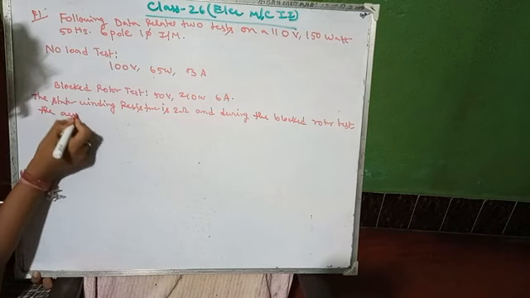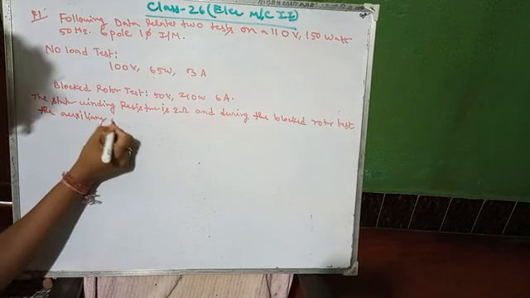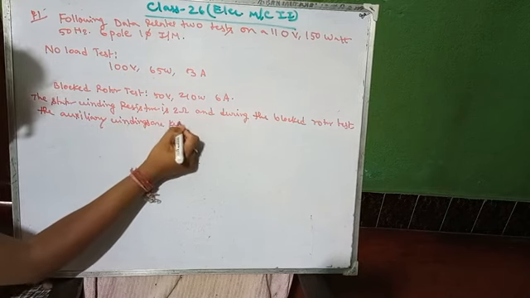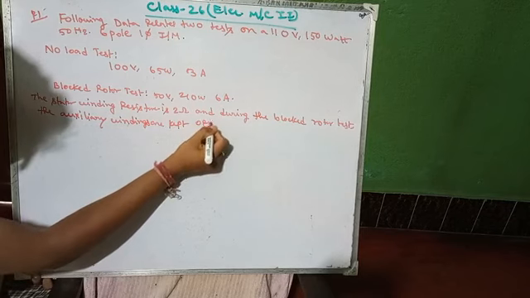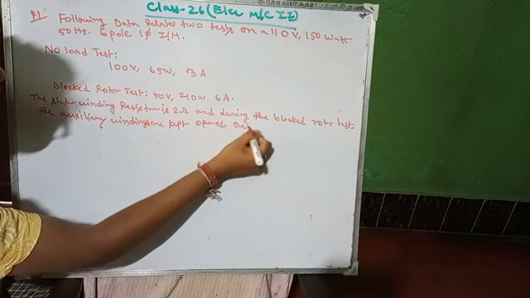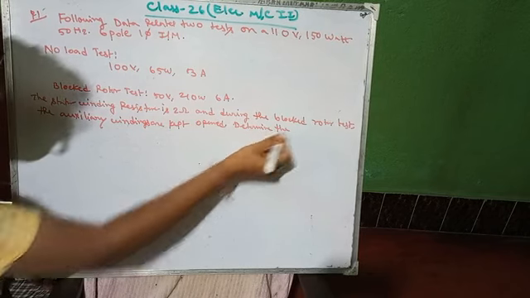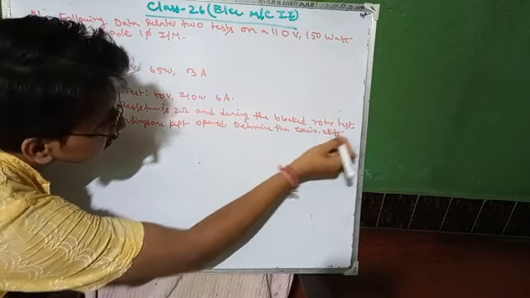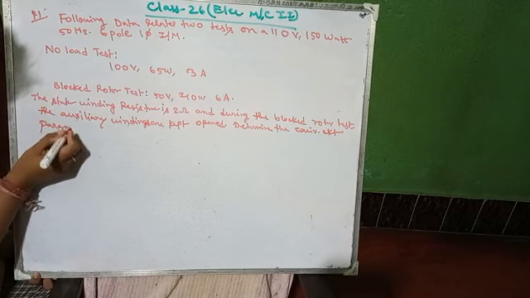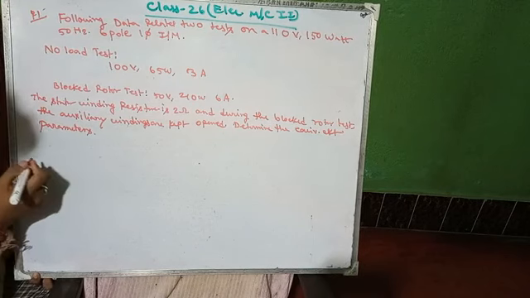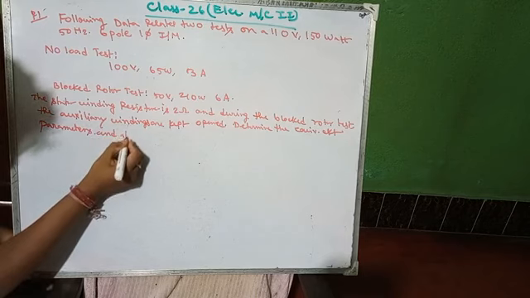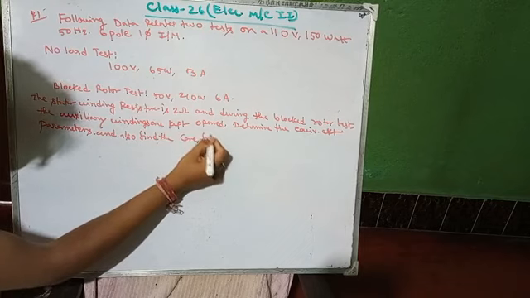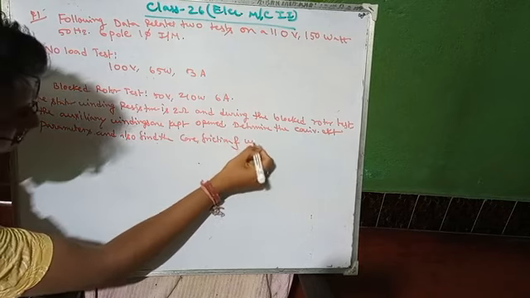The auxiliary windings are kept open. Determine the equivalent circuit parameters and also find the core, friction and windage loss.